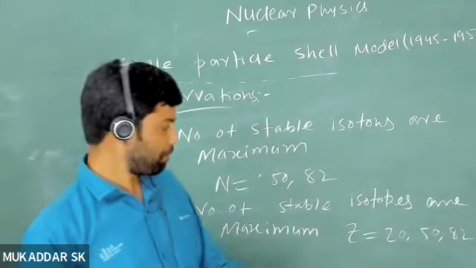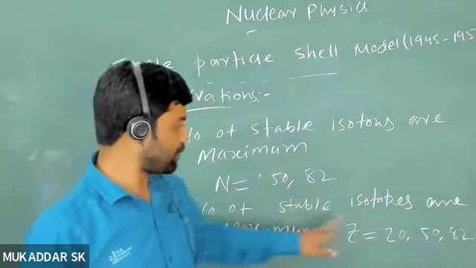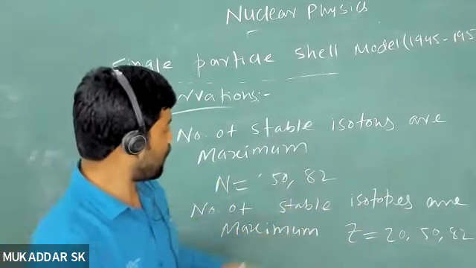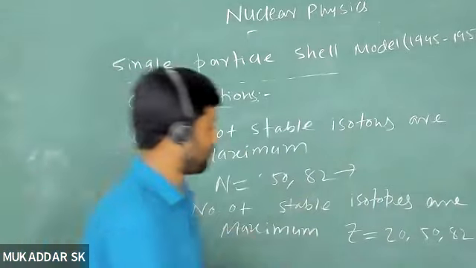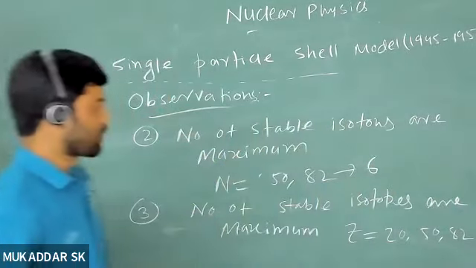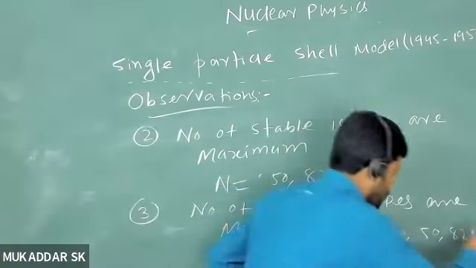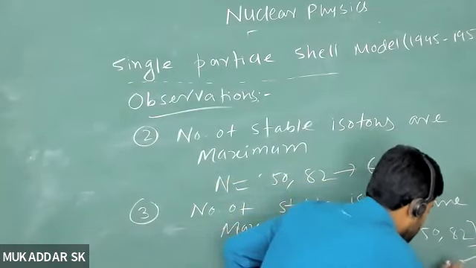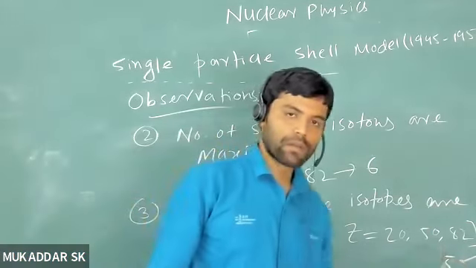Any nucleus containing these numbers of protons is stable. Isotope means same atomic number. Here, if I am correct, the number of stable isotopes corresponding to 50 or 82 was like 6, and for the other number it was 5. It's obvious because these numbers correspond again to magic numbers.